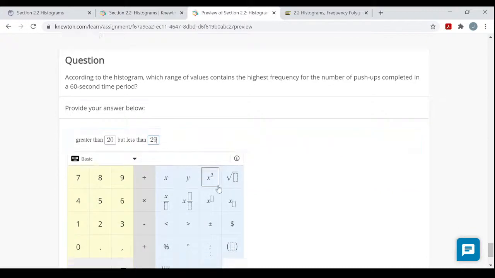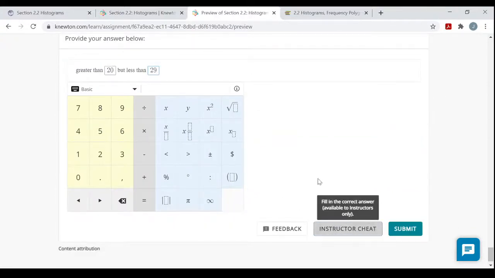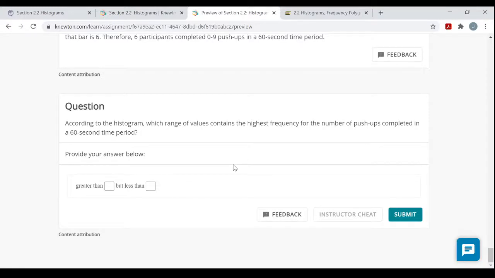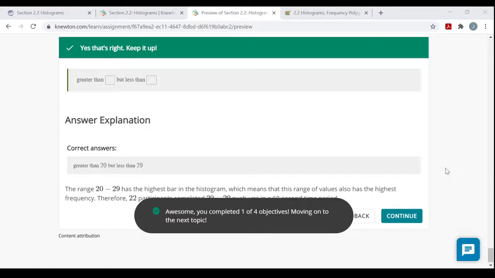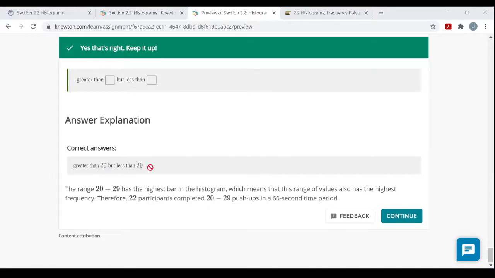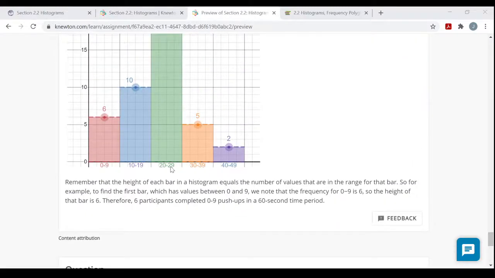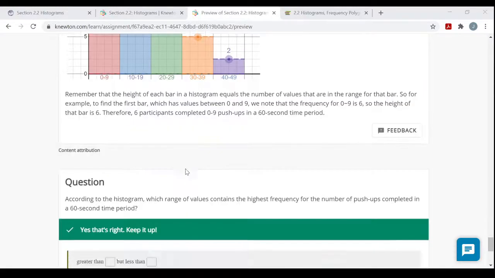And in fact, just so this instructor can cheat here, let me show you. Okay, so I guess you just put in the range. The wording is incorrect. So just put in the range 20 to 29. Sorry, just look at the bar. 20 to 29 had the highest frequency.